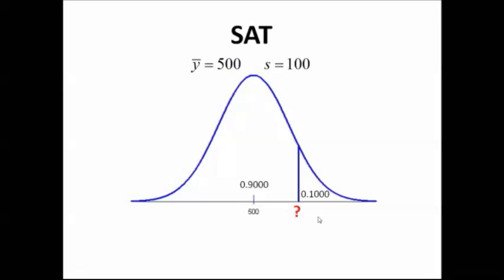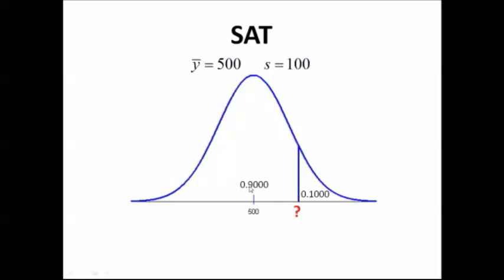Now, remember, the normal tables, when you use them in our traditional way, always give us an answer that's understood to be area to the left. So when we use it backwards, when we give it a percentile, hoping to determine eventually what this SAT score is, we have to give it the percentile to the left.